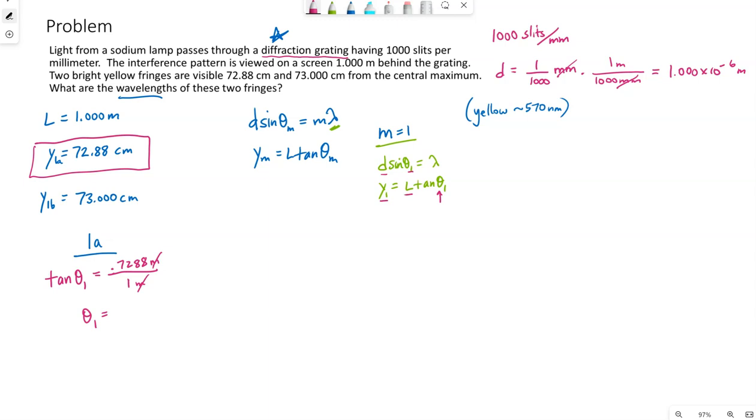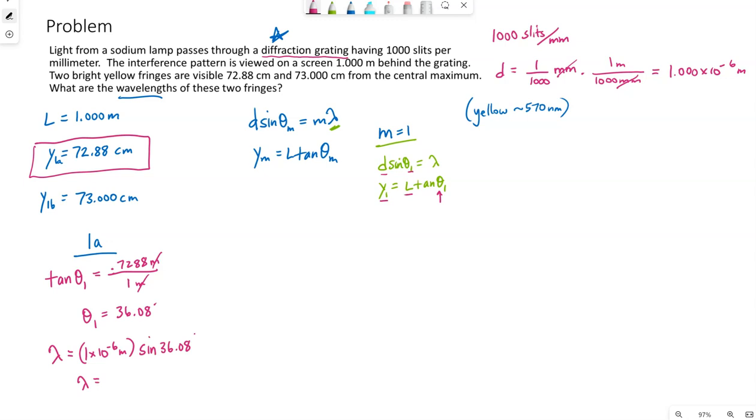So inverse tangent of the 0.7288 gives me 36.08 degrees. I can now say this wavelength would be d sine theta 1. I calculated d above from that 1,000 slits per millimeter. So wavelength is d sine of this angle.